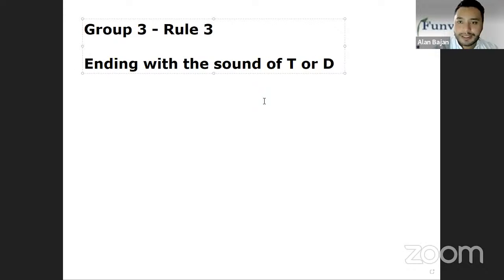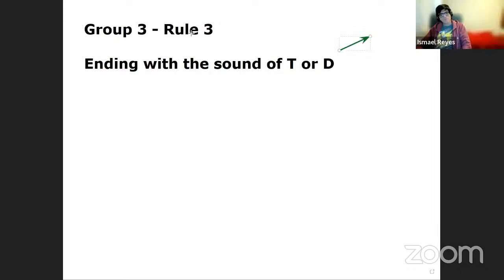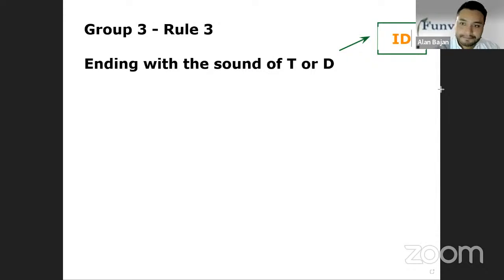We pronounce these verbs with the syllable id in past tense.